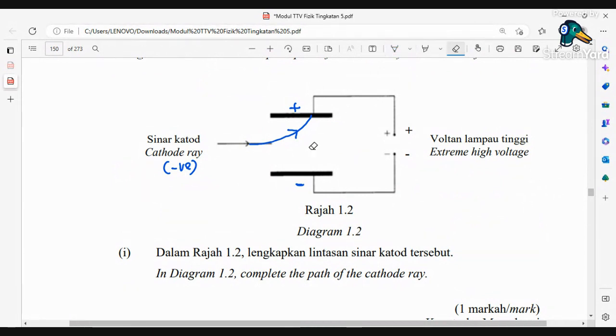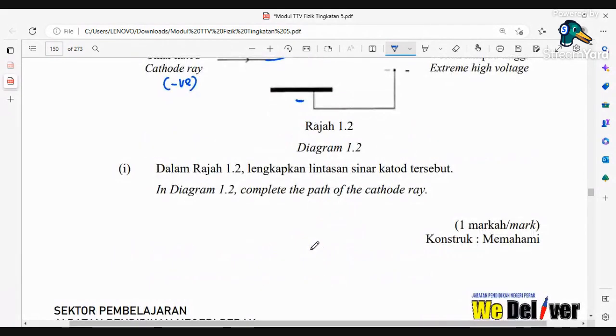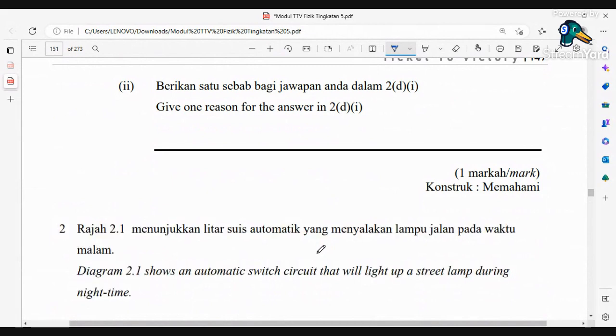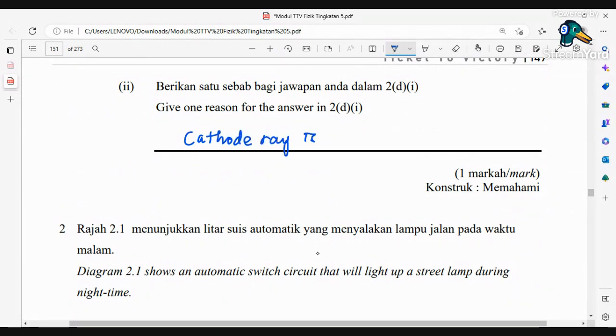Or better we draw something like this, because finally it will go here and hit the screen. Give a reason for your answer. Because the cathode ray is a negatively charged particle.